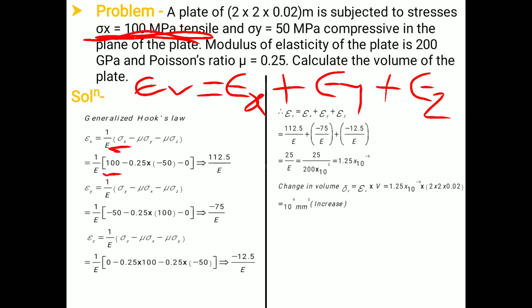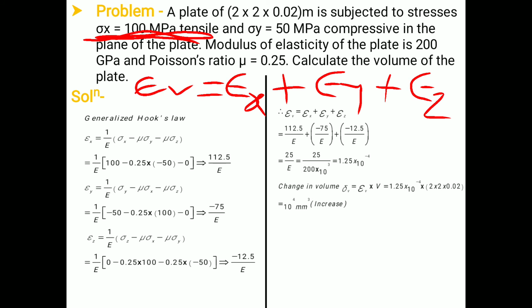The value of mu which is given in the numerical is 0.25 into sigma y is 50 MPa, which is compressive in nature. Means it has a minus sign. Therefore, we have the equation 1 upon E into 100 minus 0.25 into minus 50.